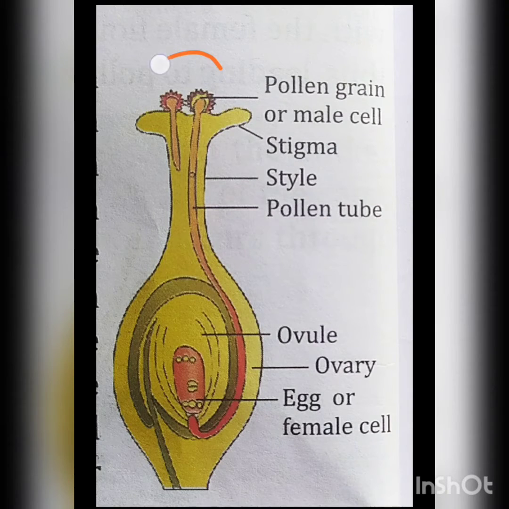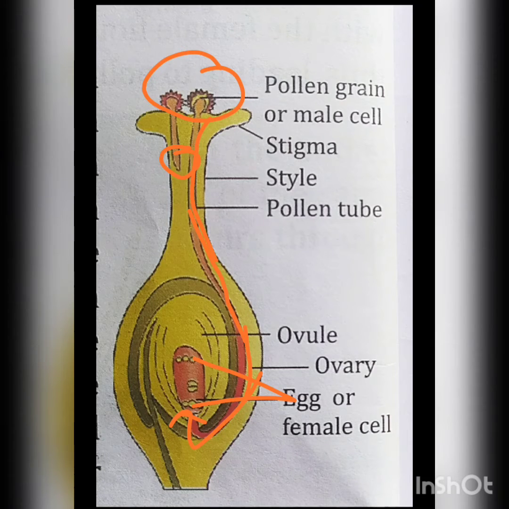After reaching the stigma, the pollen grain develops a pollen tube which carries a male cell on its tip. The pollen tube travels through the style and reaches the ovule inside the ovary. The ovule contains female cells.